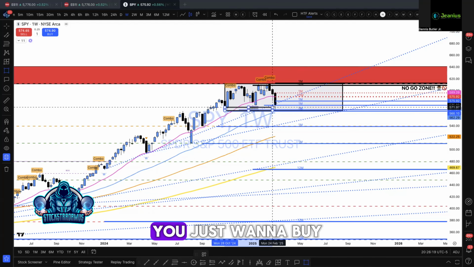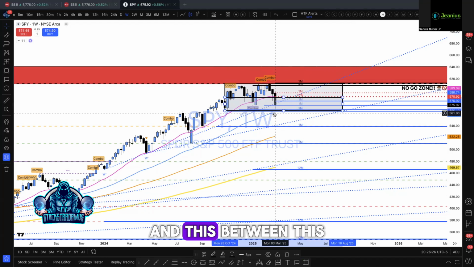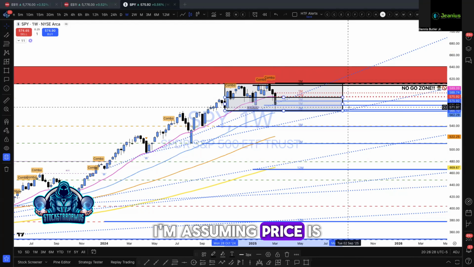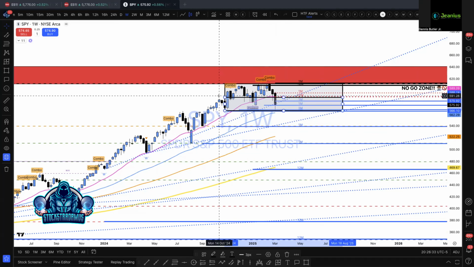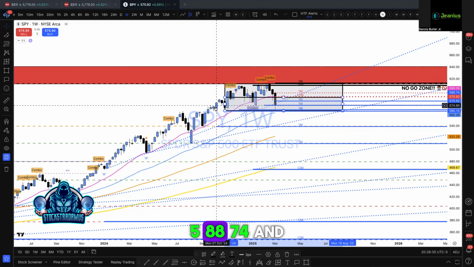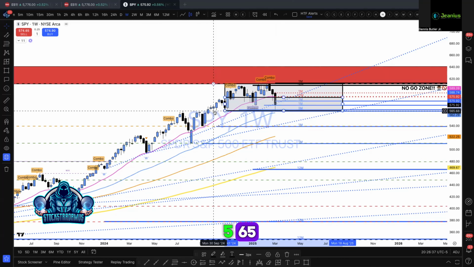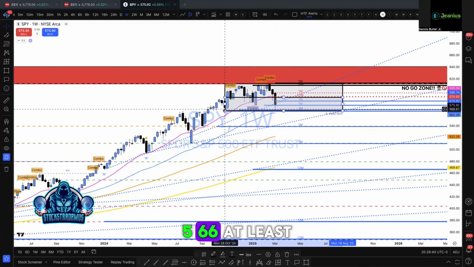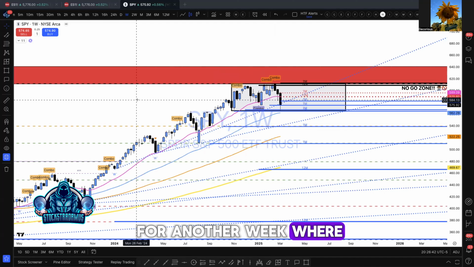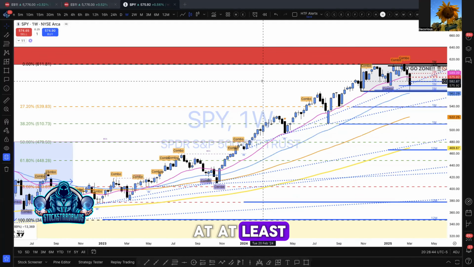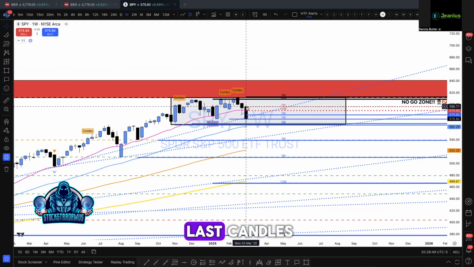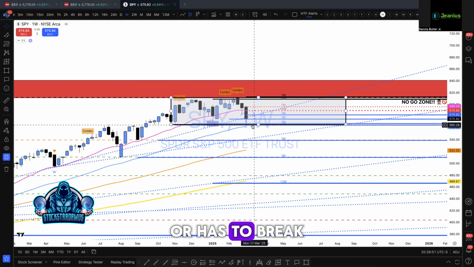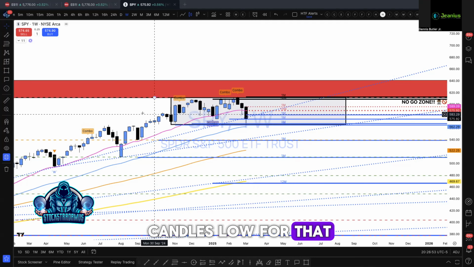Looking at this moving average and that moving average, I'm assuming price is going to trade between 588.74 and 565, 566, at least for another week. Right, at least. And the only way it doesn't happen is price has to literally break the high of last candle's high, or break the low of last candle's low, for me to be wrong.